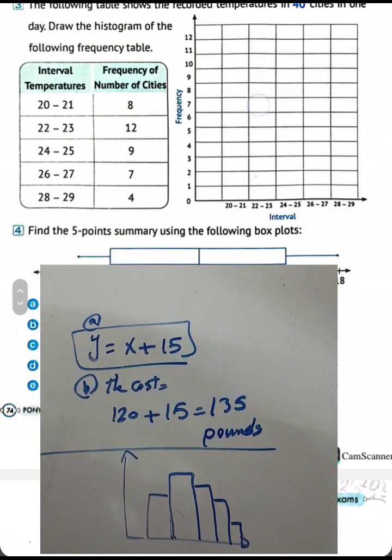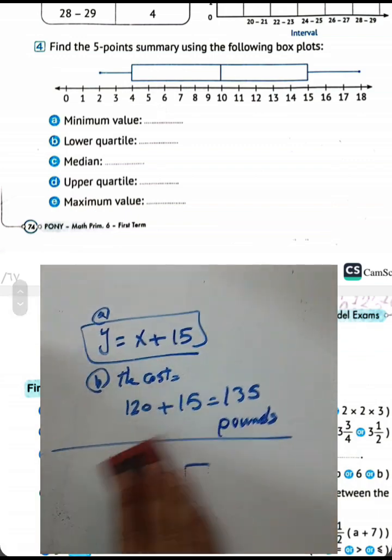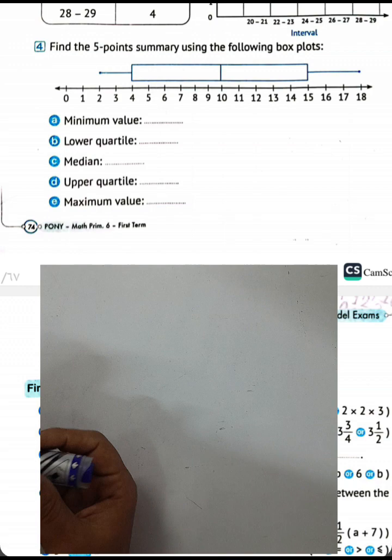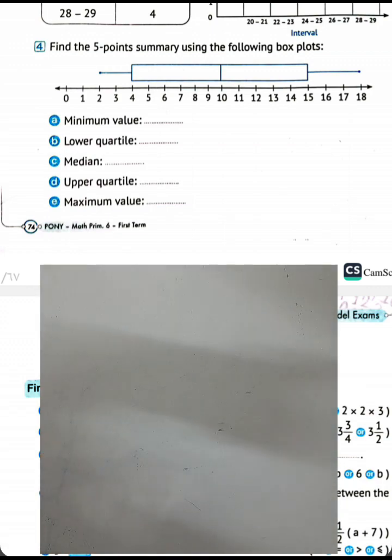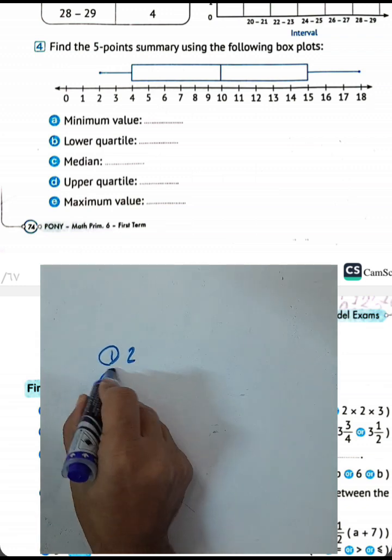Okay, question number 4. Find the 5 point summary using the following. We have here minimum, it will be 2.